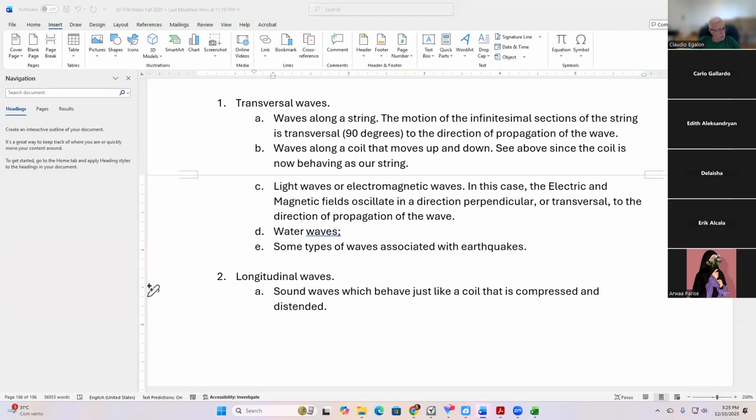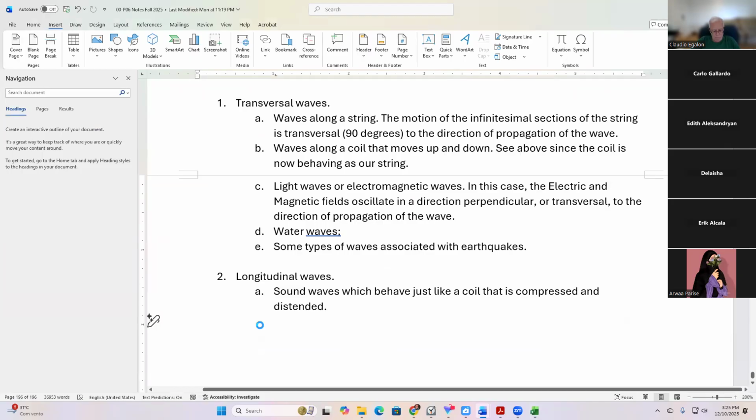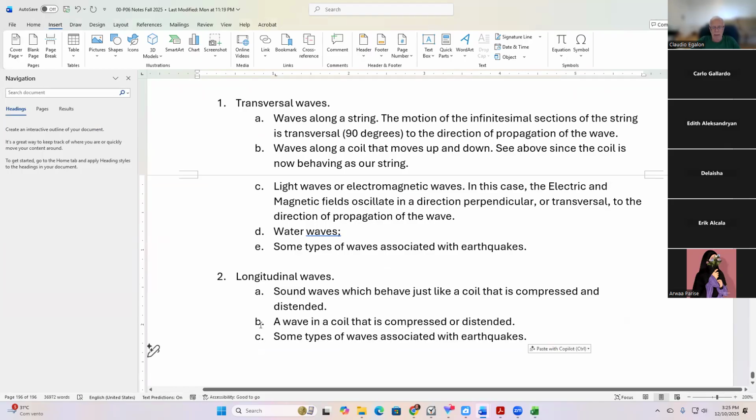Most of the waves out there are transversal. We don't have many longitudinal waves, okay? A wave in a coil that's compressed and distended, you know? Think about a long coil that we compress at one point or extend at another point.